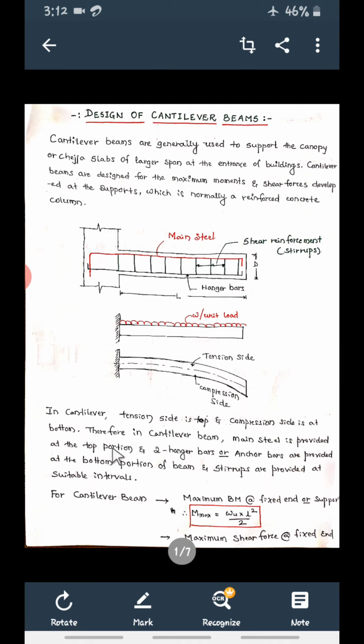Now what about the maximum bending moment? In a cantilever, the tension side is at the top and the compression side is at the bottom. Therefore, in a cantilever beam, main steel is provided at the top.